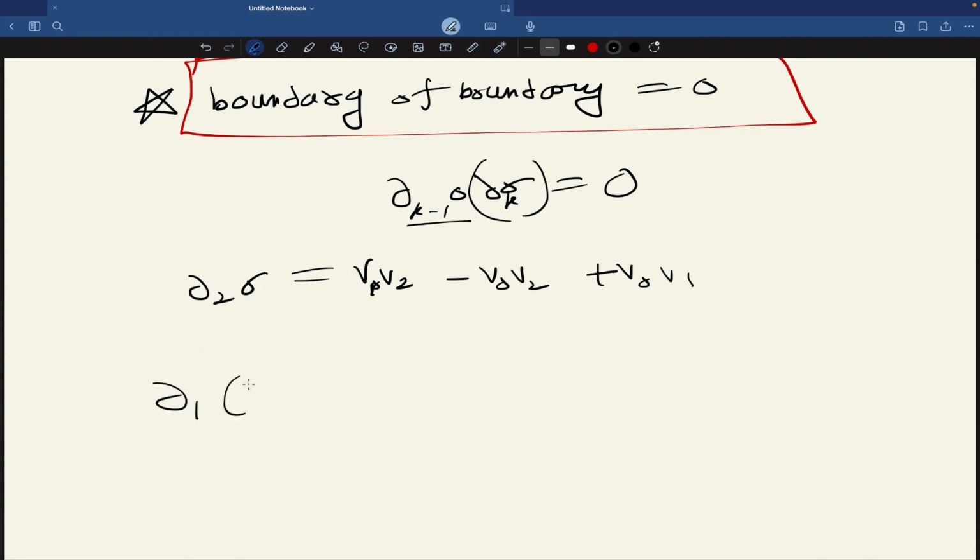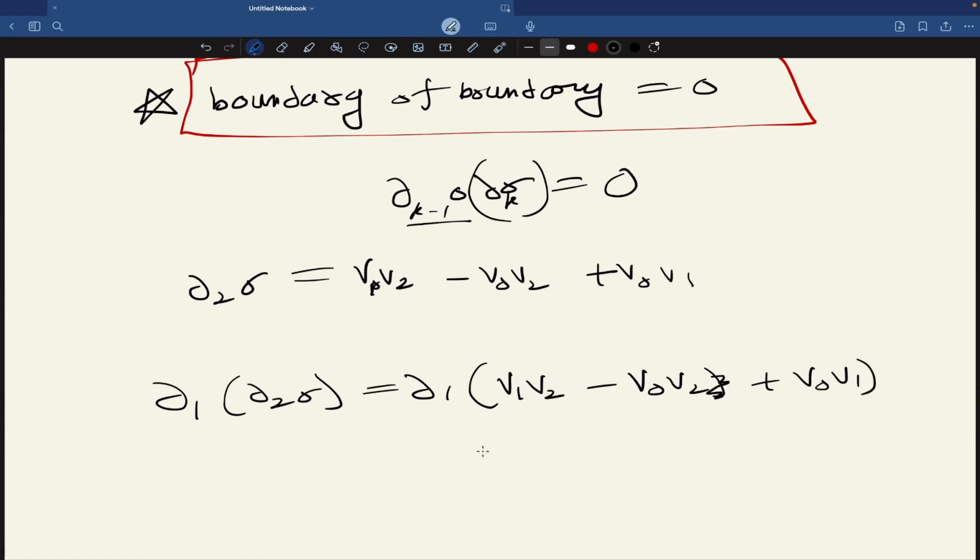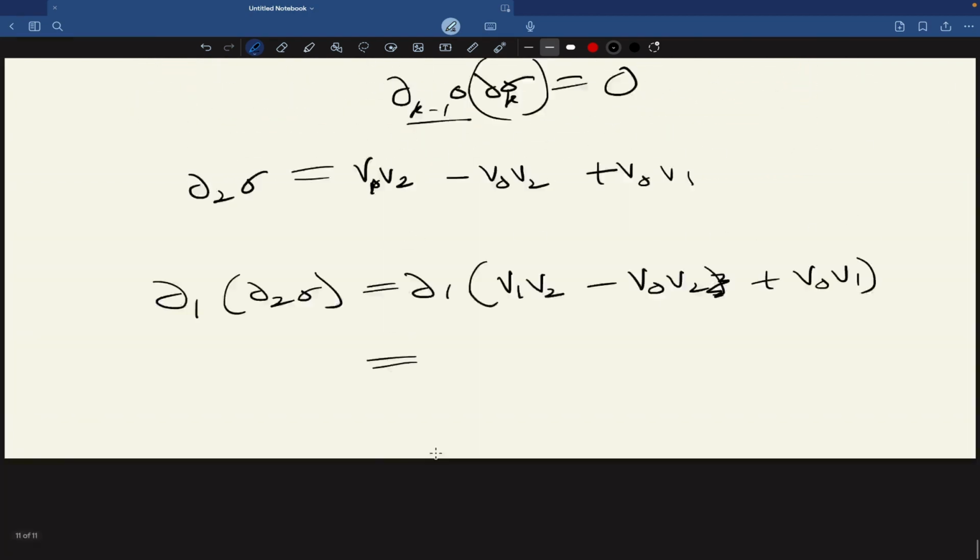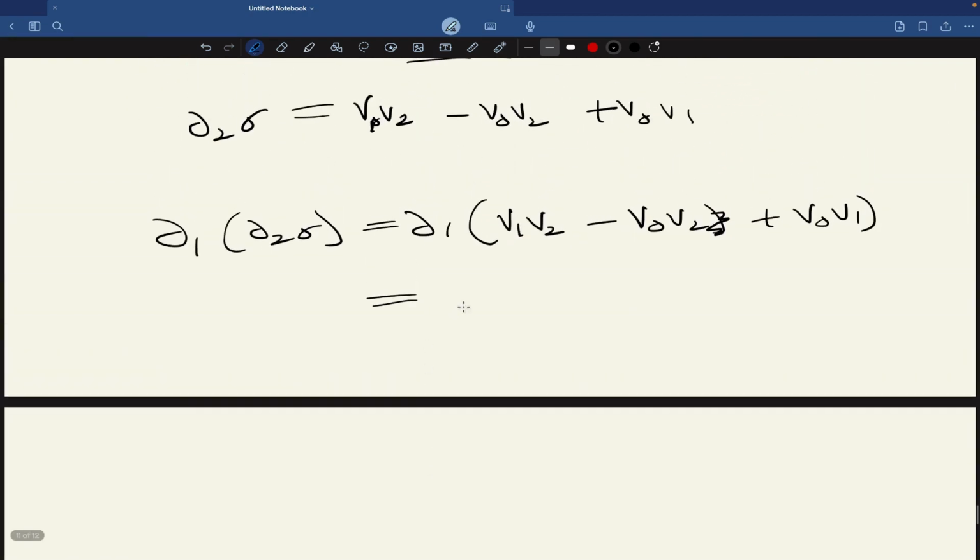So del 1 of del 2 sigma will be del 1 of v1 v2 minus v0 v2 plus v0 v1. So you can expand it and it will look something like this: del 1 of v1 v2 minus del 1 of v0 v2 plus del 1 of v0 v1.